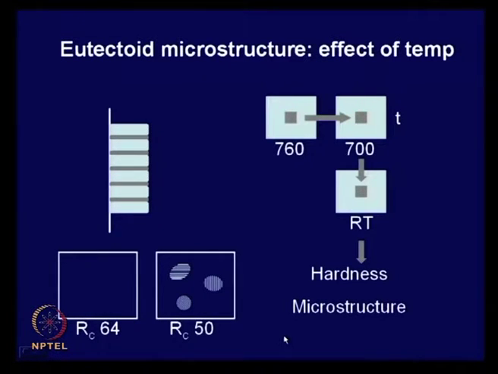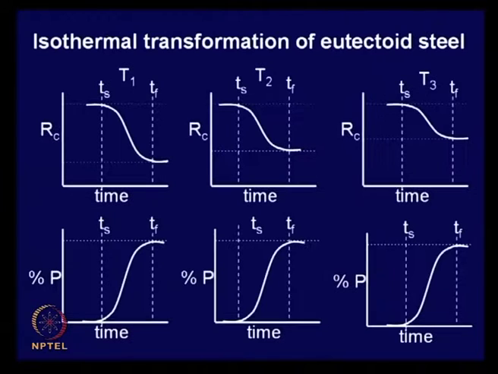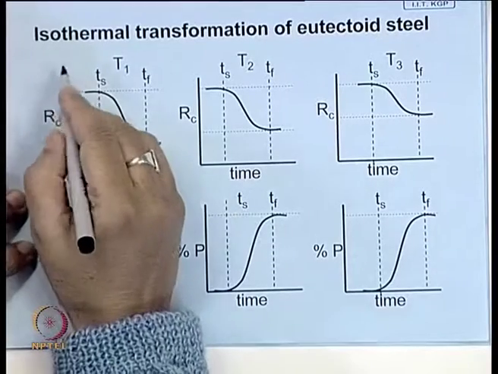And then if one looks at the data, say you prepare a table or you make a plot. Say you make a plot at a particular temperature, say suppose the intermediate bath has temperature T1, and in that case what we have seen is that the first sample, when you quench after a certain time, you get the maximum hardness, and this is around 64.